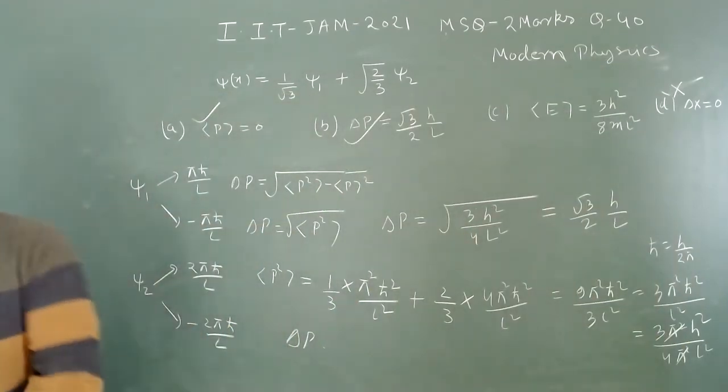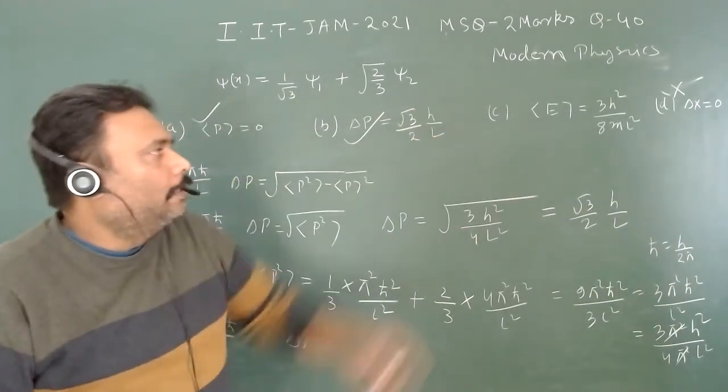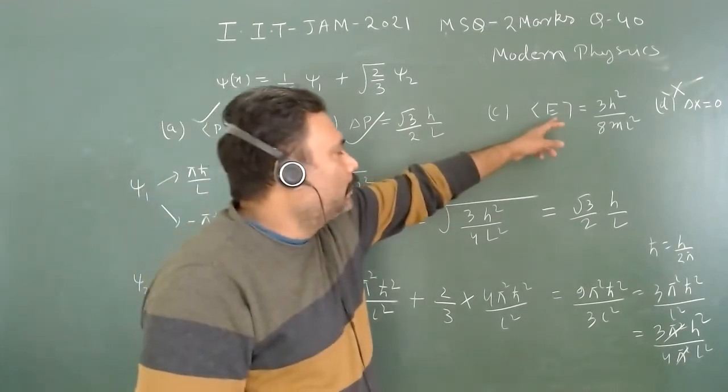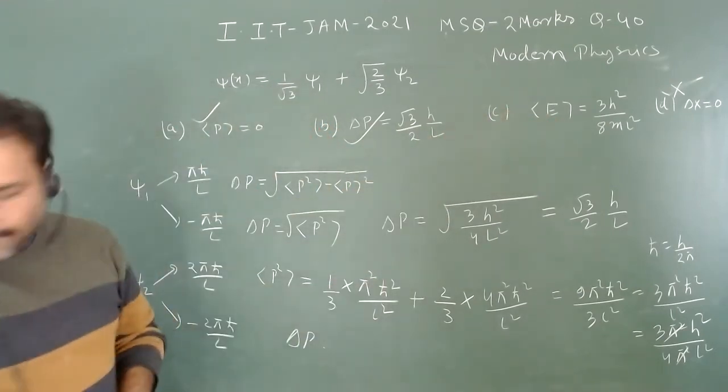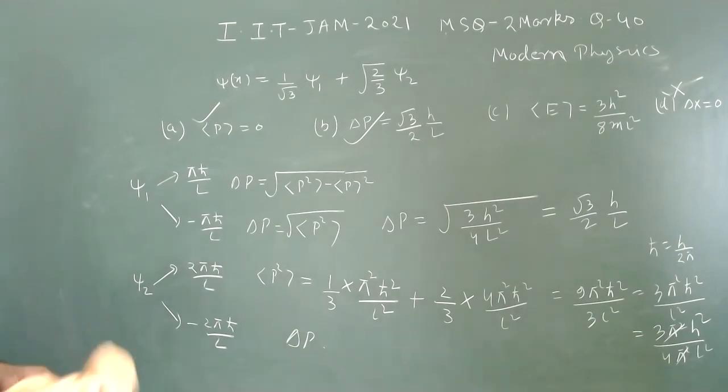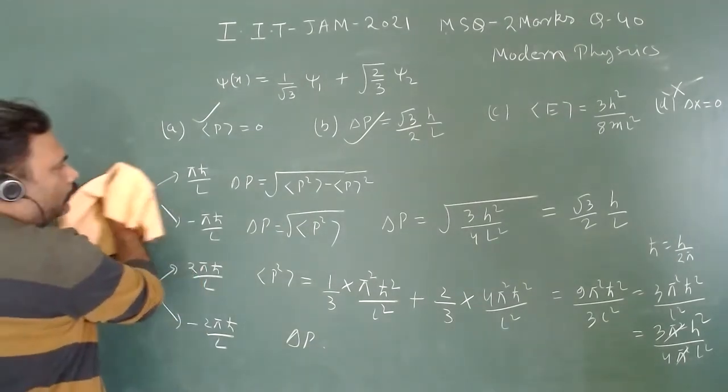Now we just go for option C, and we have to calculate the average value of energy, which is very easy to calculate.